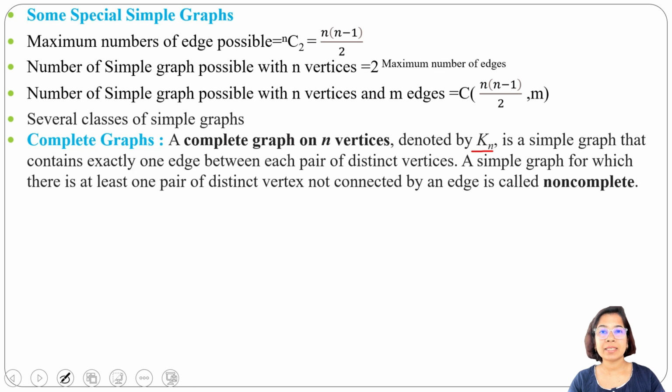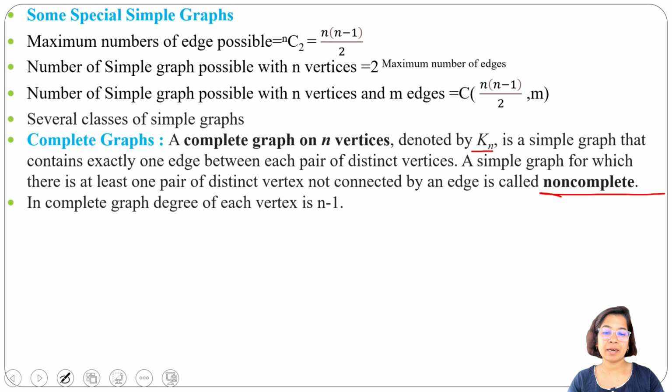A simple graph for which there is at least one pair of distinct vertices not connected is called non-complete.